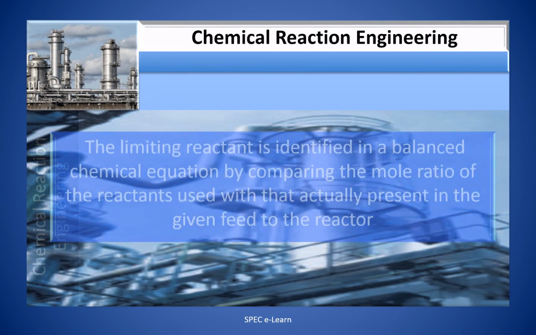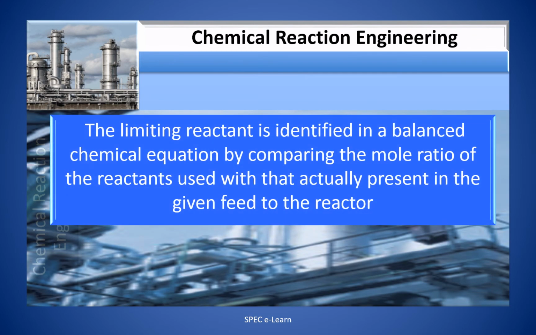The limiting reactant is identified in a balanced chemical equation by comparing the mole ratio of the reactants used with that actually present in the given feed to the reactor.